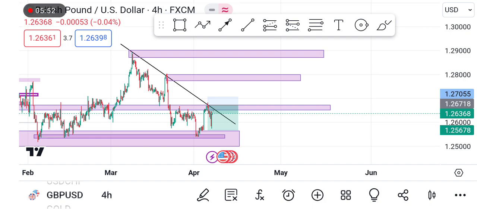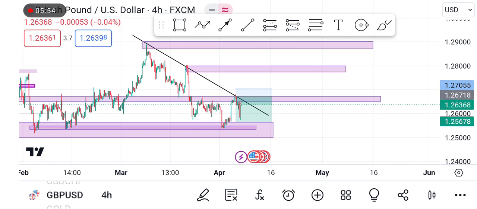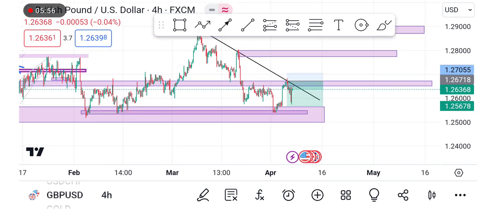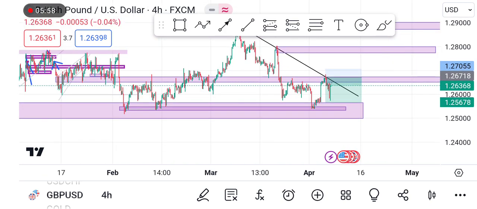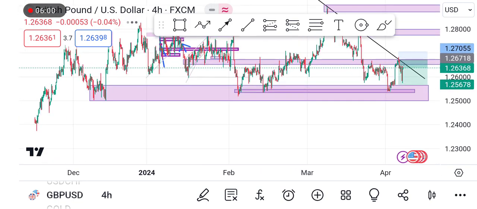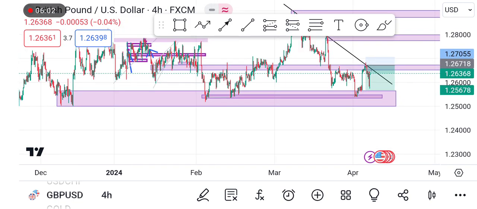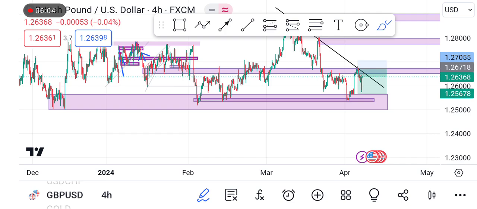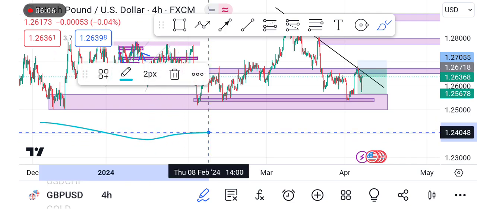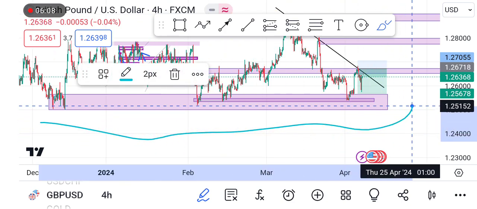So what do we have here? On GBPUSD, we have a level of support at this very point where price refuses to break further.